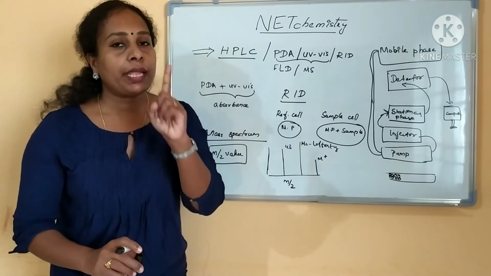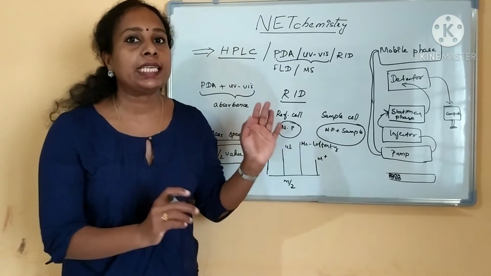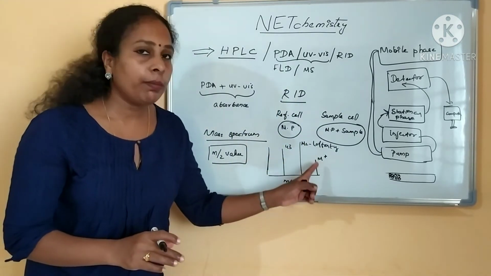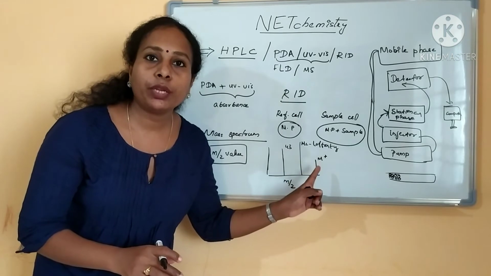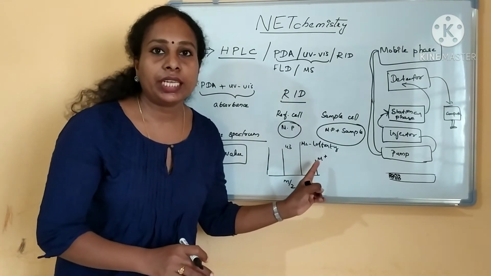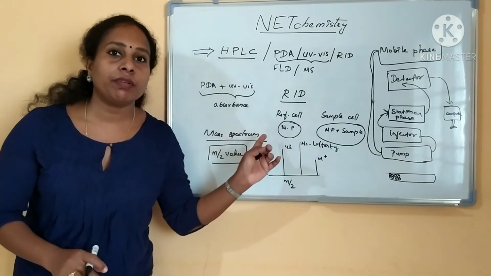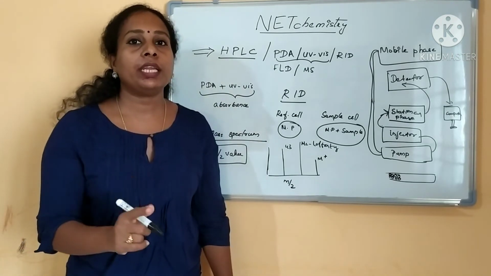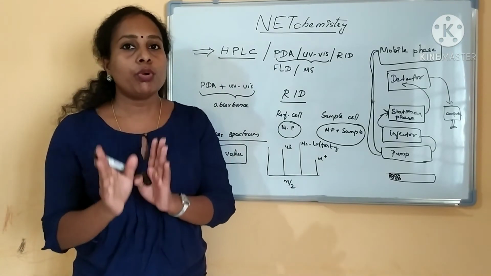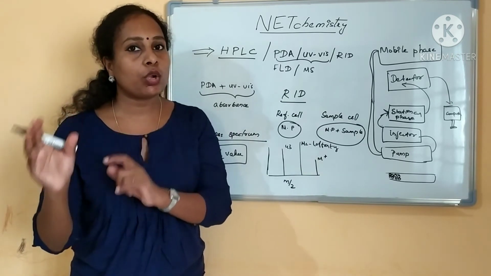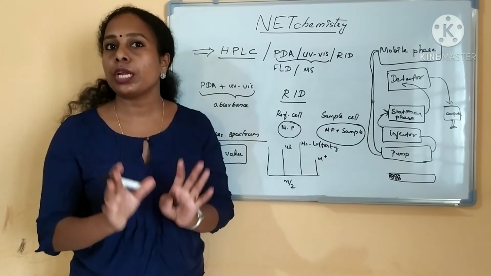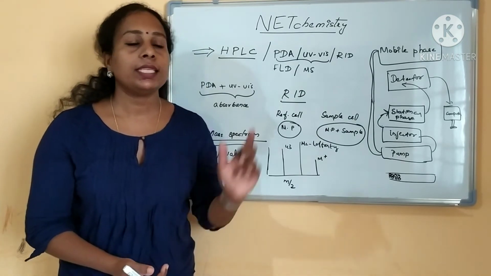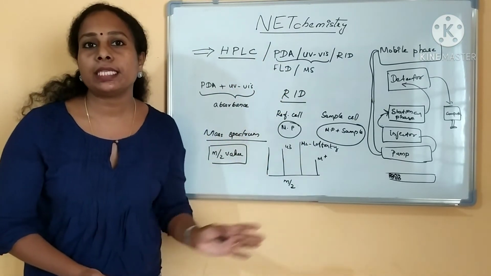If the parent ion has a particular mass, say M by Z is 149 for a compound, you will be getting the molecular ion peak, the McLafferty rearrangement, the base peak. There are so many peaks. Based on that mass spectrum data, you are analyzing your compound. This is the sample, this is the compound present in that mixture. You can find that out, and you can find out the concentration. Okay, clear? These all are the detectors in an HPLC instrument.